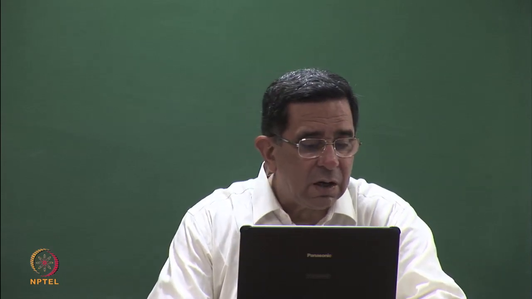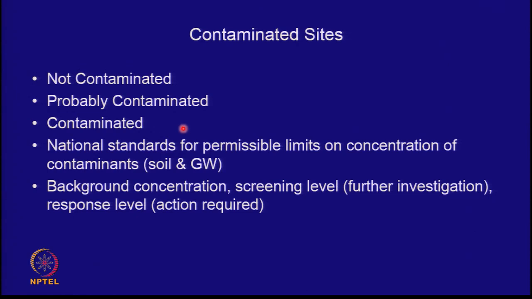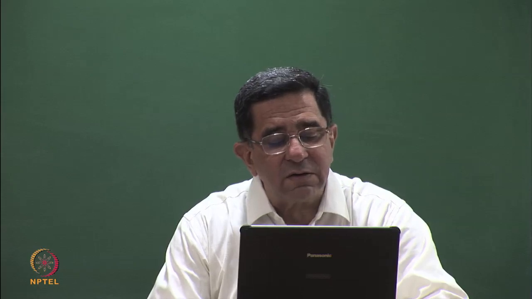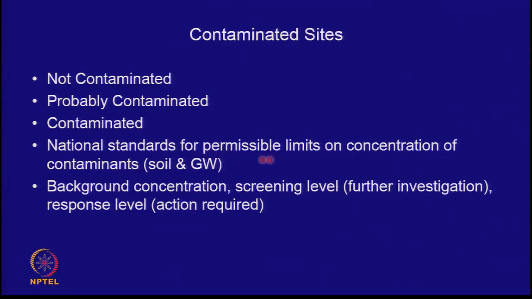When you want to call a site contaminated, you need some standards to measure the contaminant levels. So each country has national standards for permissible limits on concentration of contaminants, whether it is heavy metals, whether it is dioxins, whether it is pesticides. So all countries have national standards for permissible limits.